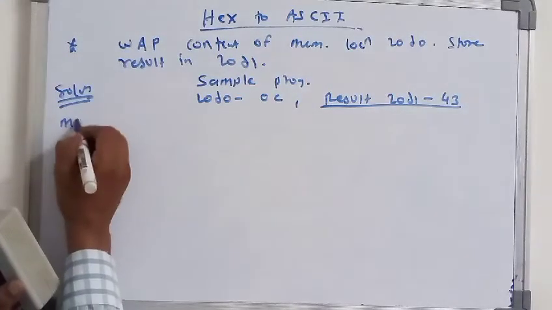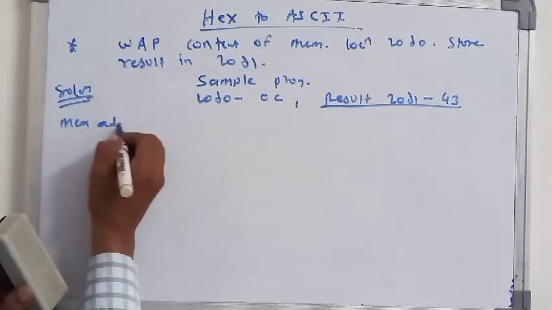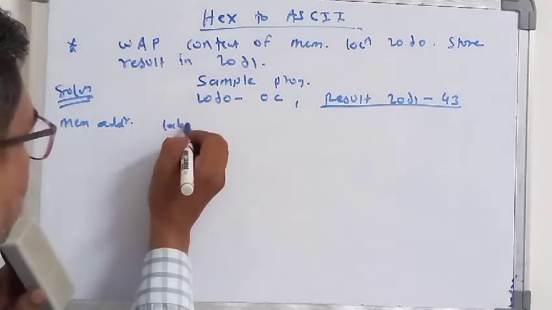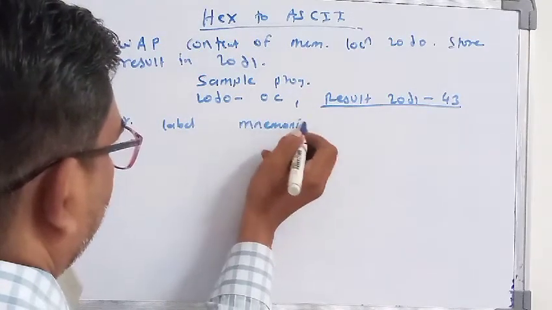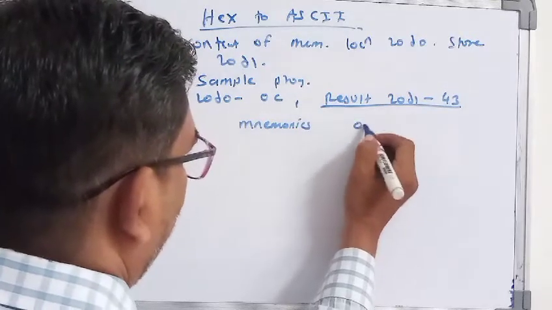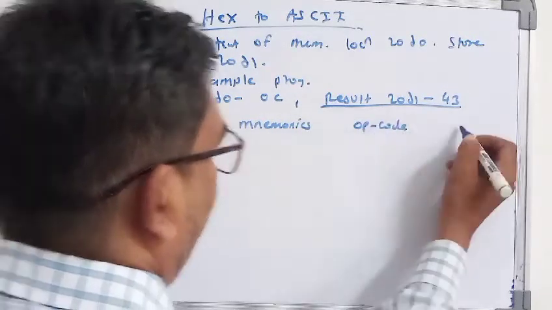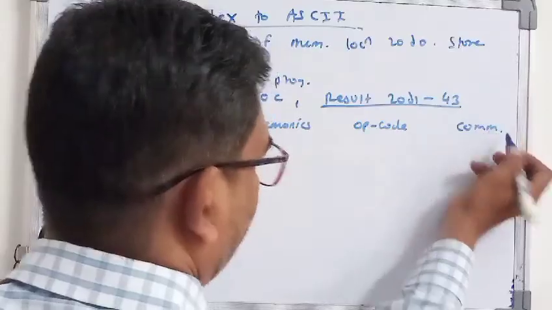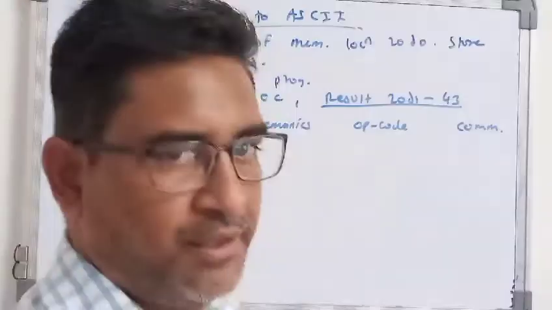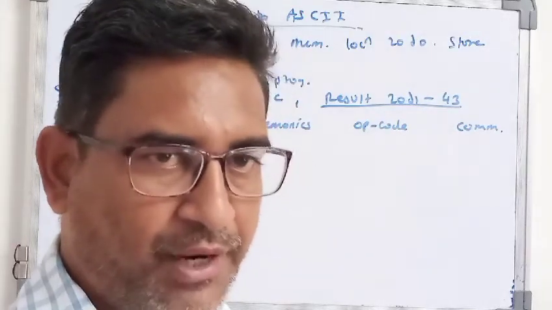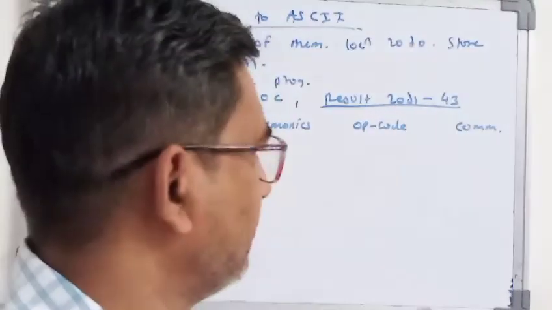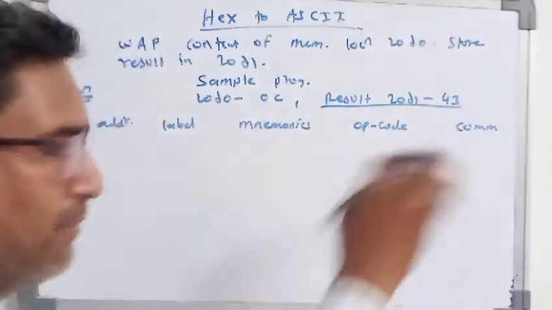Now here the memory address, then label, then mnemonics, then opcode, and then comments. This comment is homework for you, friends. You have to write down and tell what the comment of each particular instruction is.